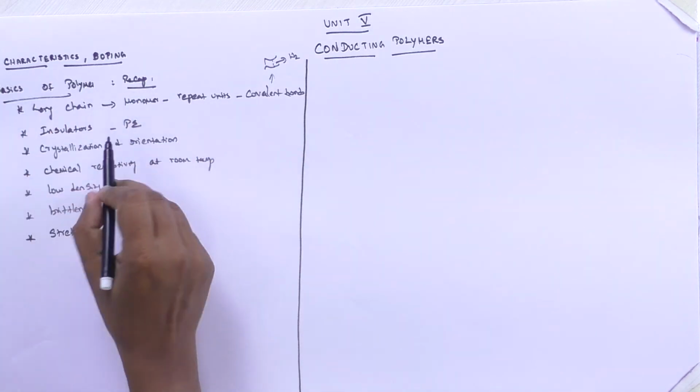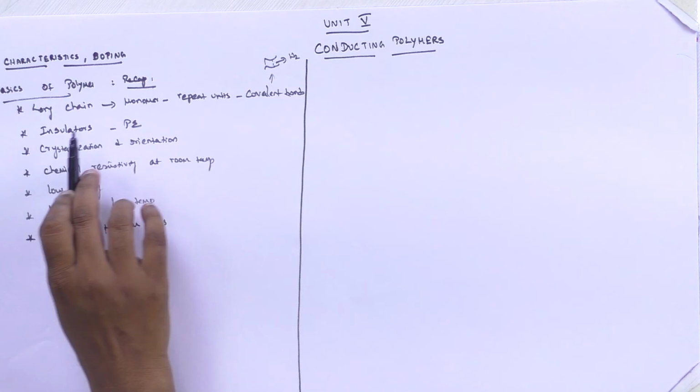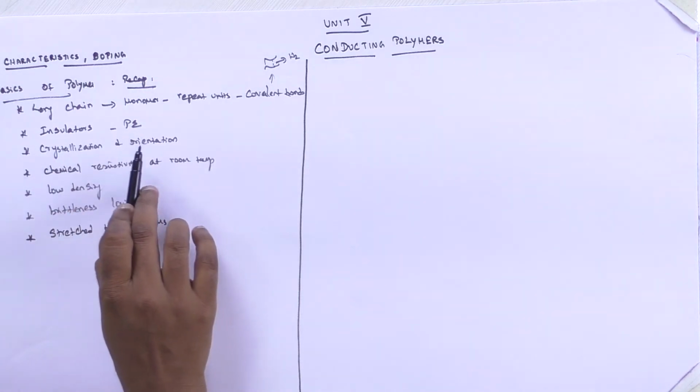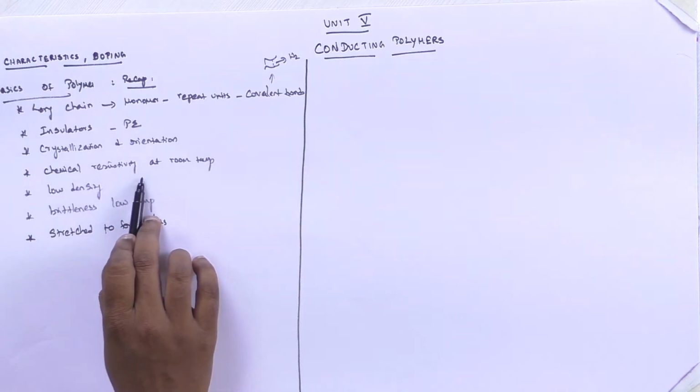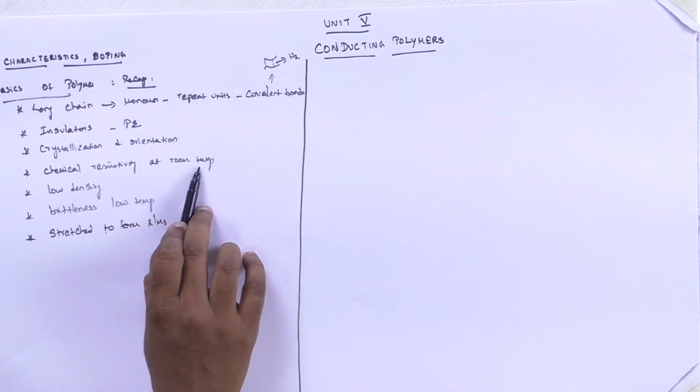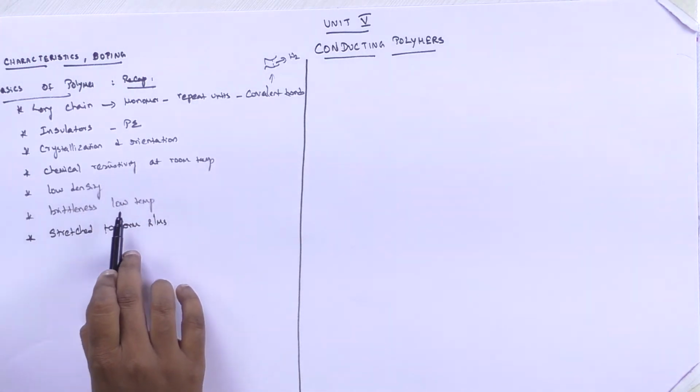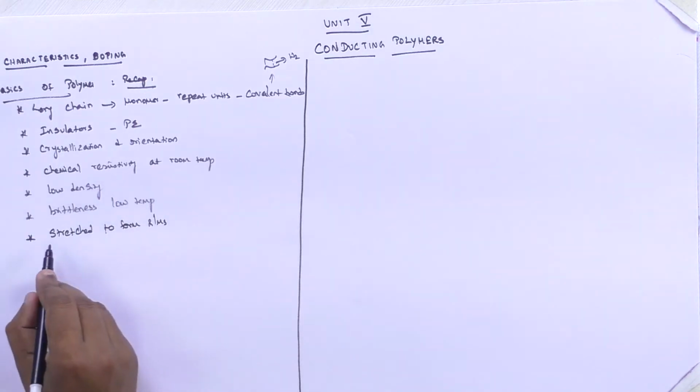So polymers are long chain molecules. They are insulators. The crystallization and orientation decide the type of the polymer. They have chemical resistivity at room temperature, low density, brittleness, and they can be stretched to polymer films.